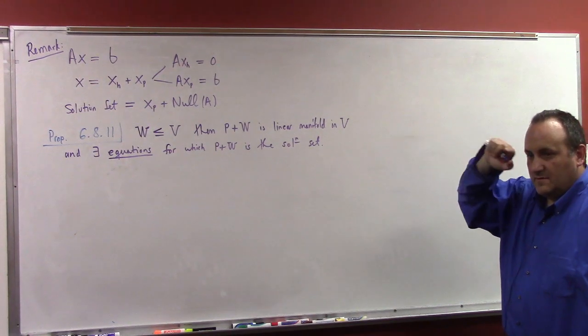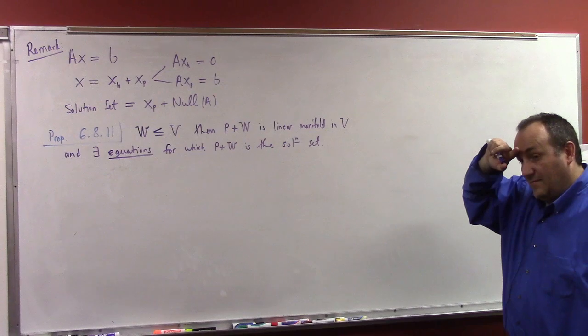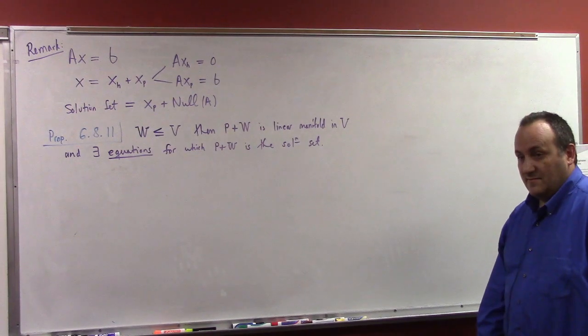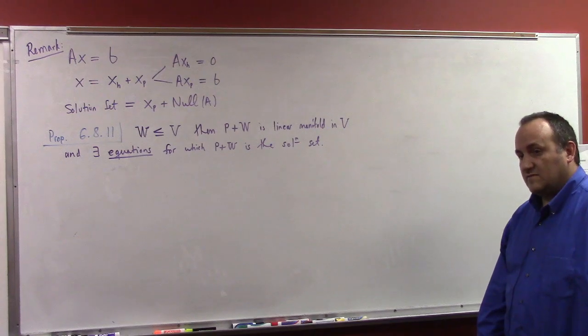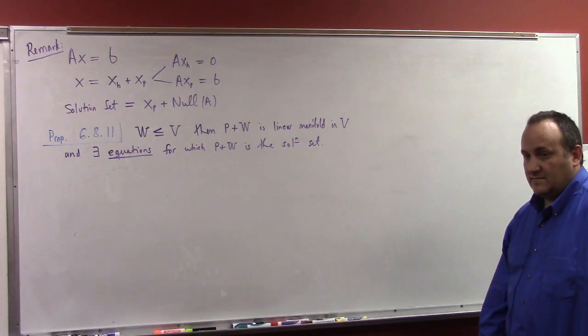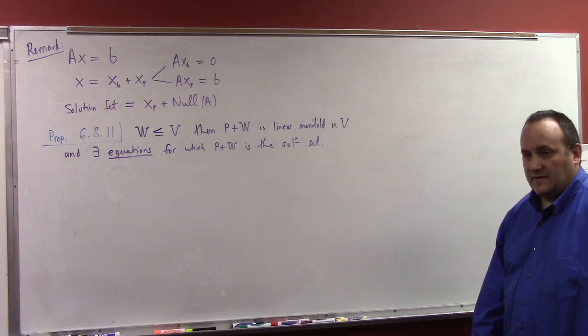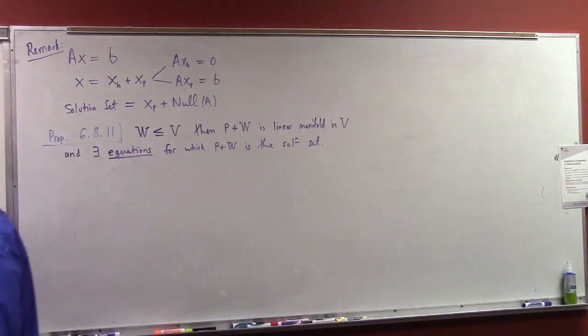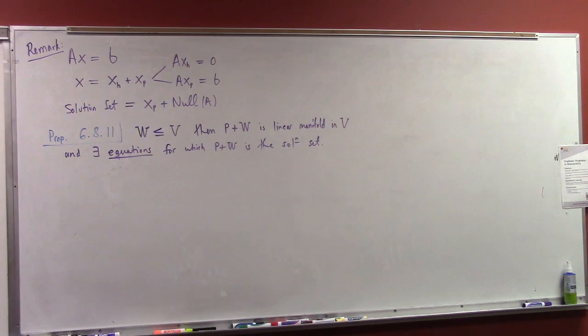So that begs the question: if I give you an example, what are the equations for which it is the solution set? That's a tricky, backwards kind of question, but it's the heart of the problem of parametric versus implicit.